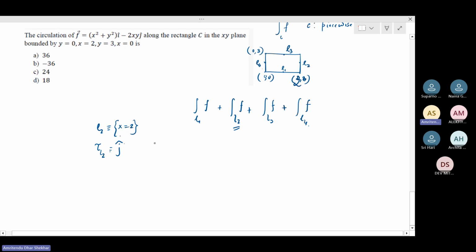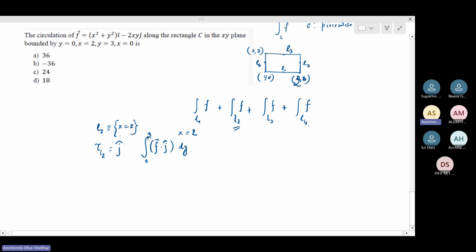So you just have to do the integral of f dot j cap, and of course x is equal to 2 over here, and you have an integral over y where y varies from 0 to 3.